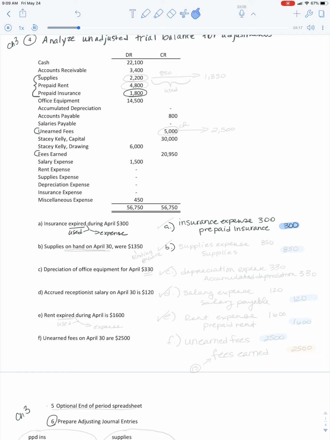If it says at the end of the month we had $1,350, that means at the end of the month this balance is supposed to be $1,350. So the difference is what we need to expense. Okay? So when you see on hand, you know that this means that $1,350 means ending balance.